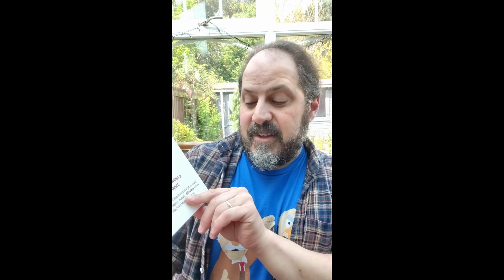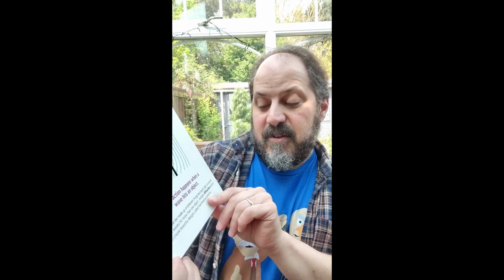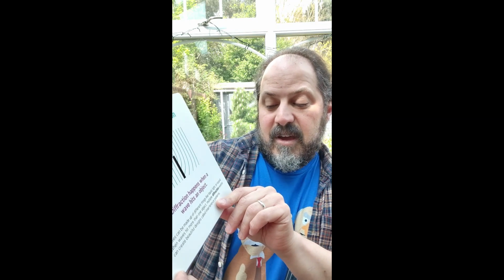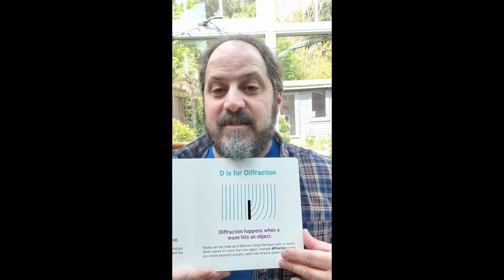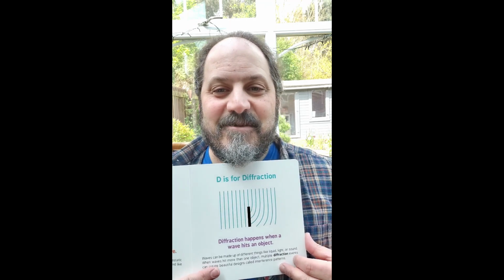Even sound diffracts. When waves hit more than one object, multiple diffraction events can create designs called interference patterns. And you've got Fraunhofer interference, and you've got Fresnel diffraction, which allows you to do things like magnification, or with lighthouses. We'll talk about that another time.